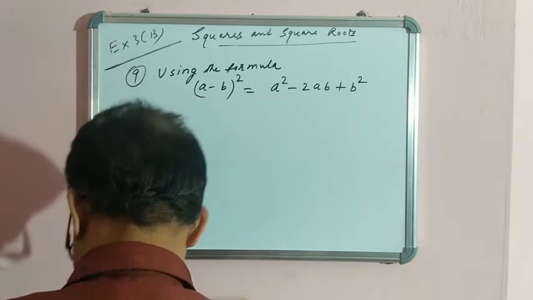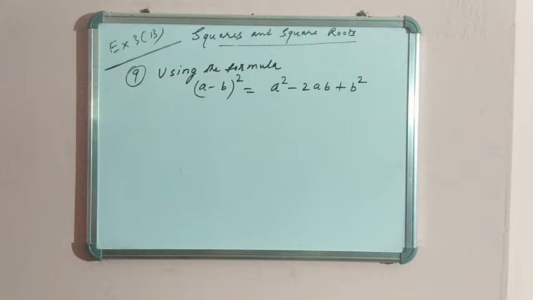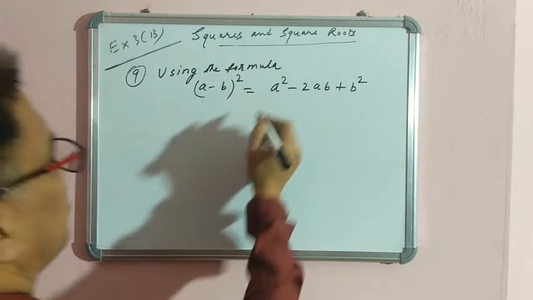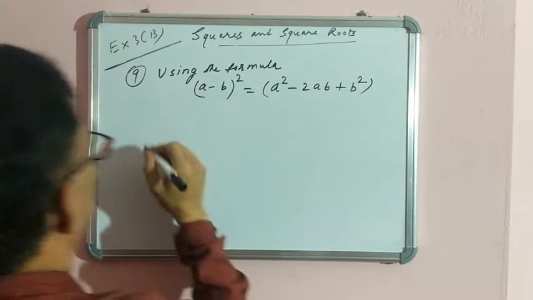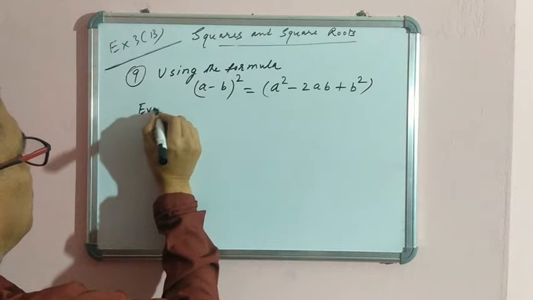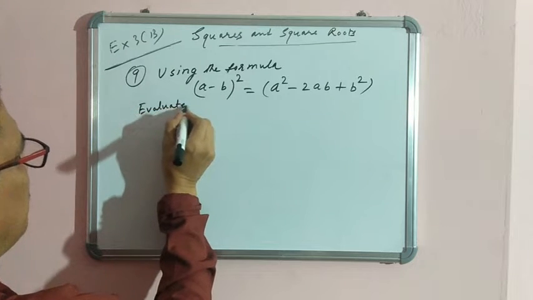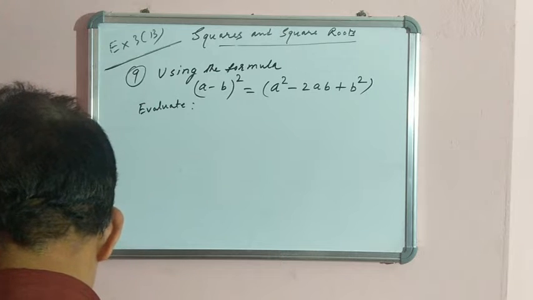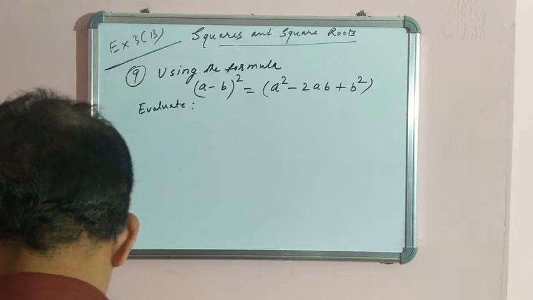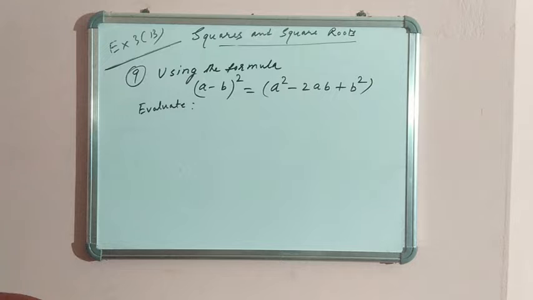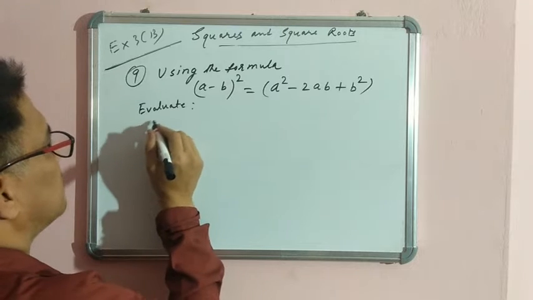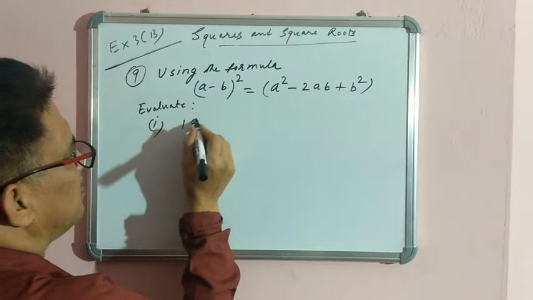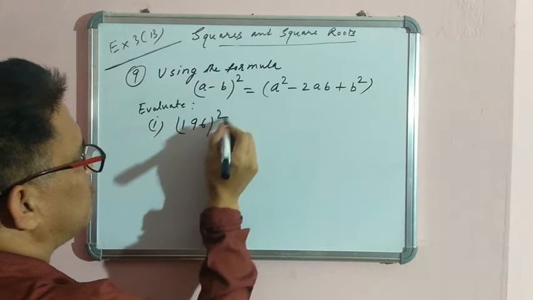We have to use this formula, after that we have to evaluate the first part. I am taking, that is 196 whole square. First part is 196 whole square.